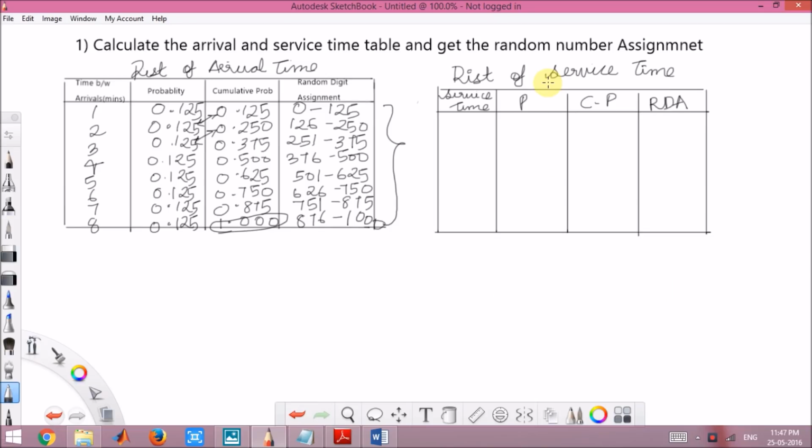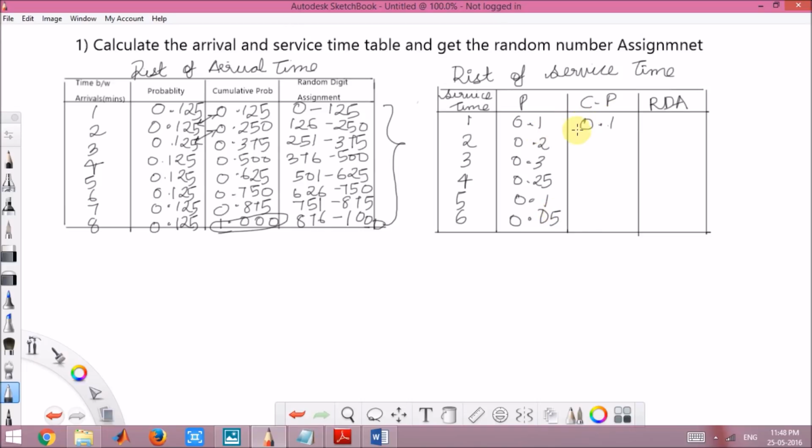So let me just write that down. So I have 1, 2, 3, 4, 5 and 6 with the probabilities going like 0.1, 0.2, 0.3, 0.25, 0.1 and finally 0.05.